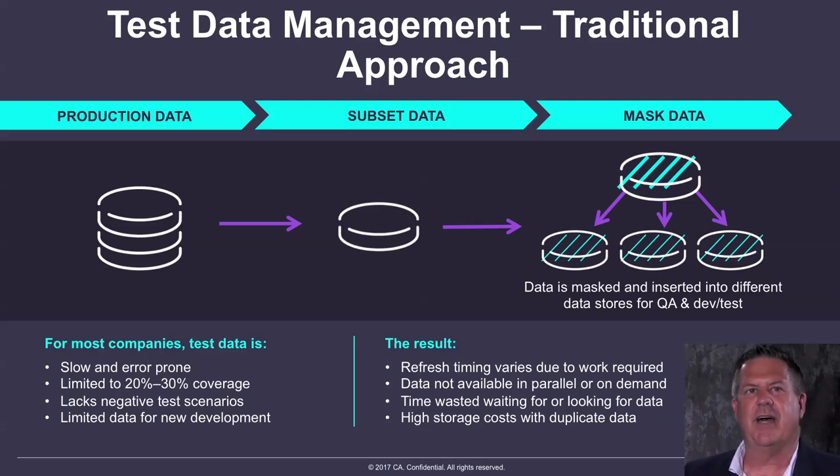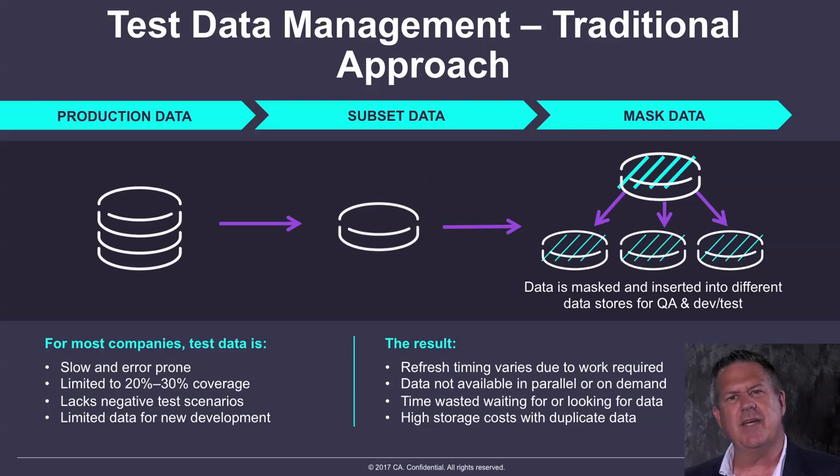The problem with that is that it's error prone. Sometimes 20% to 30% coverage is all you're going to get by doing this type of approach. Oftentimes it lacks negative test scenarios, so the ability to test for certain outliers, negative numbers, or large entries into the application, all can cause that application to fail.